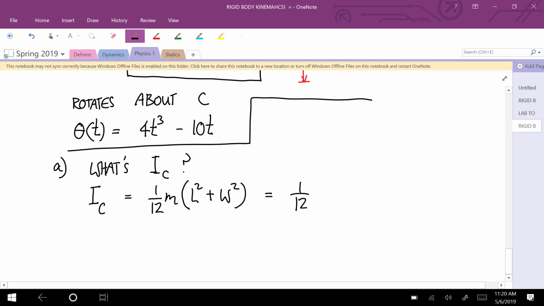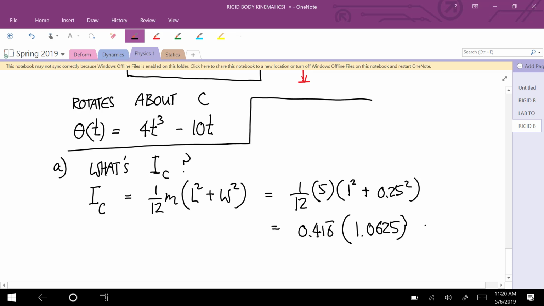So that's 1/12 times the mass of 5 kilograms times 1 squared plus 0.25 squared. And that is 0.416 repeating times 1.0625. Can someone calculate that? 0.442 kilogram meter squared.